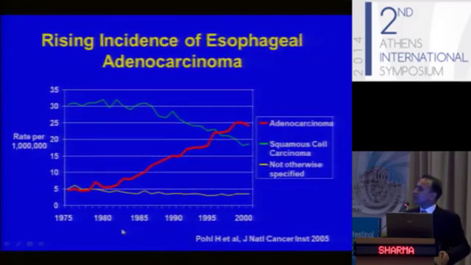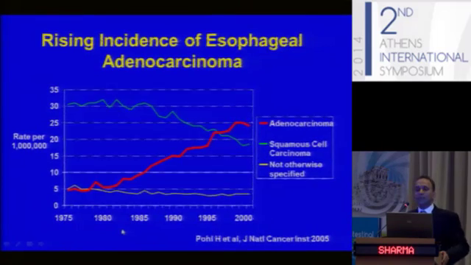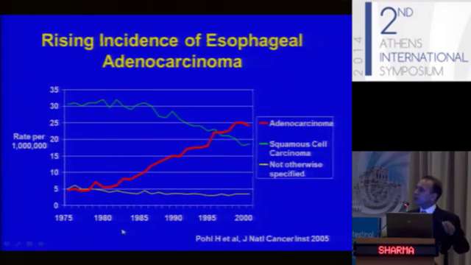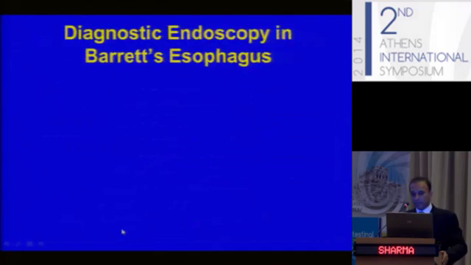Even in Asia, where squamous cell is still the predominant type of cancer, adenocarcinoma is increasing significantly, although the proportion of patients is still pretty small when you look at it.